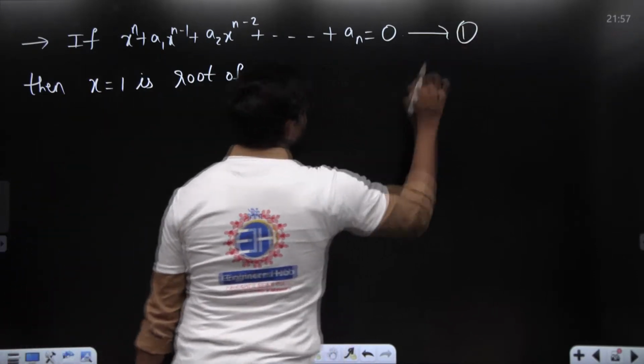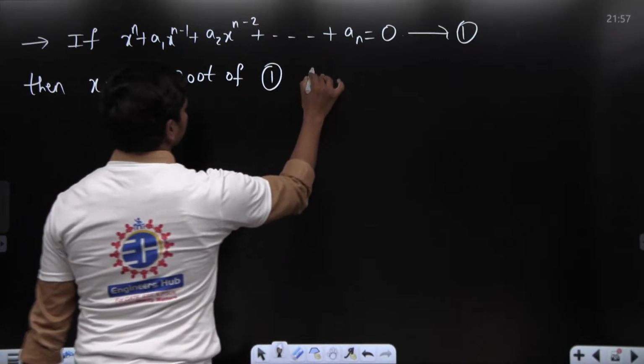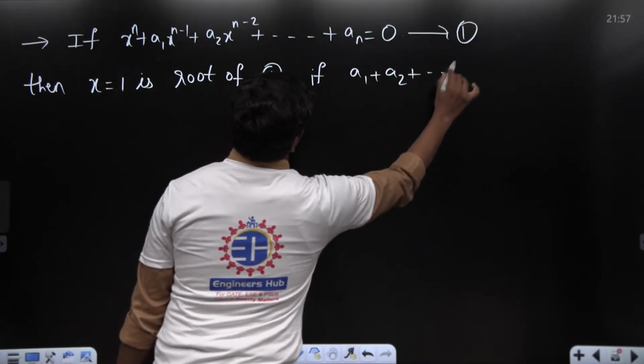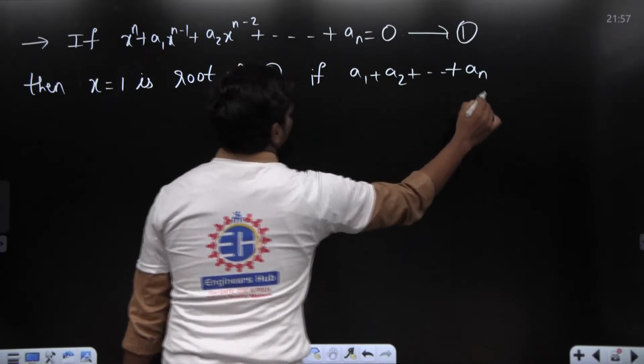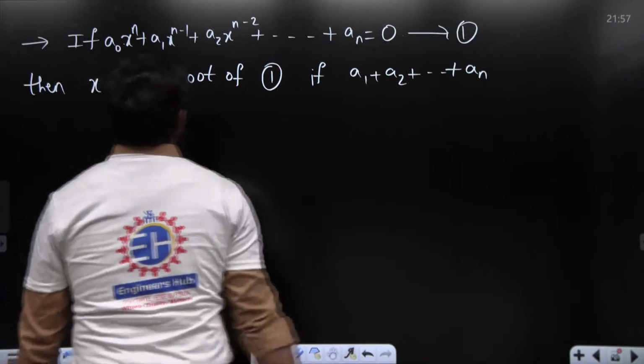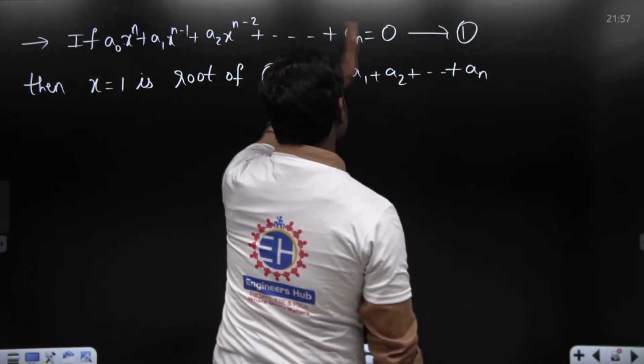So x is equal to 1 is definitely a root of this equation if a1 plus a2 and so on plus an plus 1 is zero. Okay, let me write a naught here for some time. a naught into x power n plus a1 into x power n minus 1 and so on.